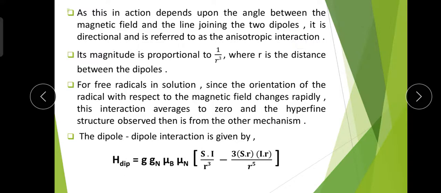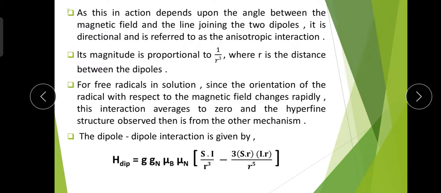Suppose theta is the angle between the magnetic field and the line joining the two dipoles. On that there is a dependence of the dipole-dipole interaction, and it is directional and is referred to as an anisotropic interaction. First of all, what do we mean by anisotropic?